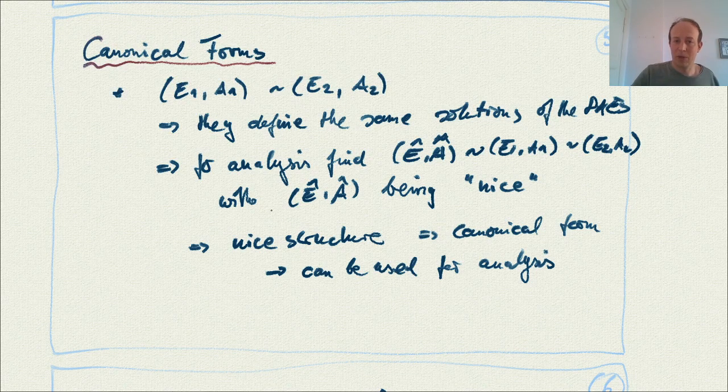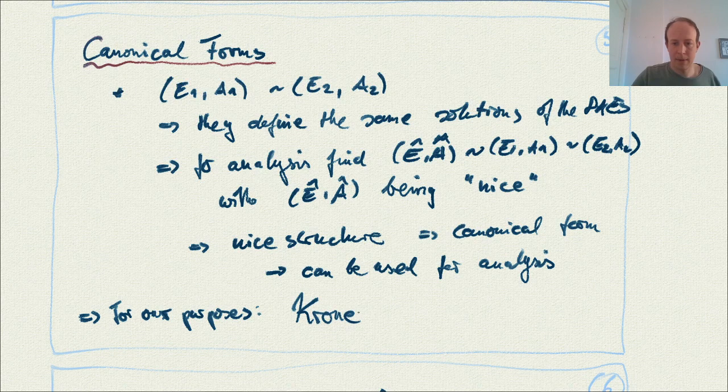Because if one does analysis for this E hat, A hat, then immediately, because of this equivalence, all analysis is done for E1, A1 as well, and E2, A2 as well, and all others that are equivalent. For our purposes, this will be the canonical form.